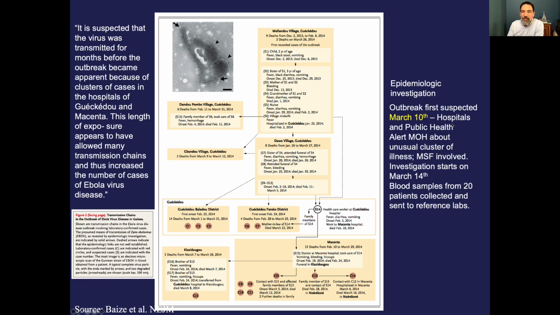So going back to the epidemiological investigation of Ebola from last week's reading, the primary case associated with the emergence of Zaire Ebola virus in this outbreak in Guinea is believed to have been a 2-year-old child who became ill and died in early December 2013. However, it was the subsequent cases of an unusual cluster of illness and hospitalizations that alerted public health officials to the outbreak.